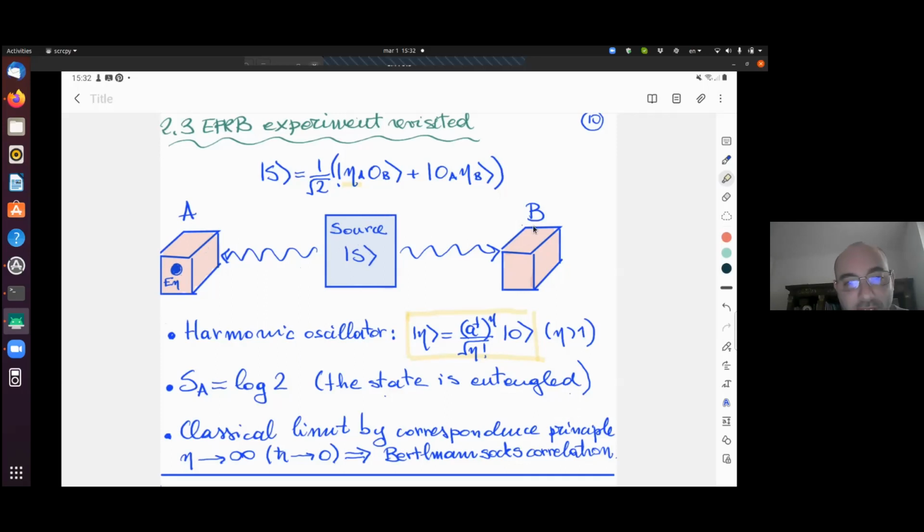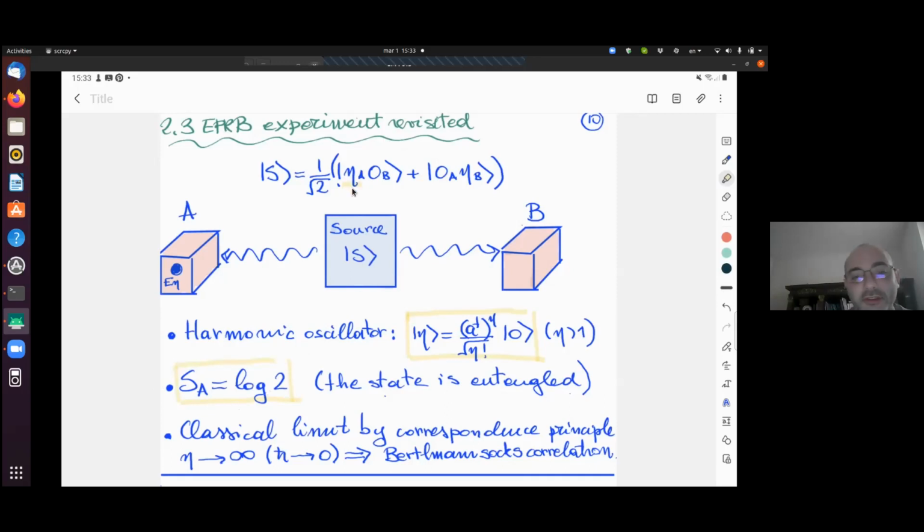The type of correlation that you find is essentially the same as the one of the EPR experiment. The entanglement entropy is, of course, again log of 2. This is a complete quantum calculation: you start with this state, you calculate the trace over the second particle B, and then you do the usual construction of rho_A log rho_A, and you find log of 2.